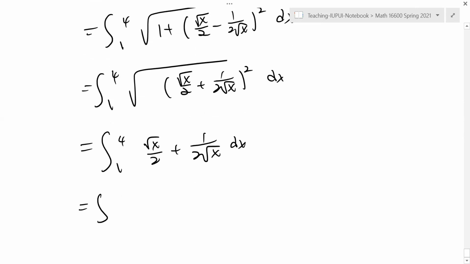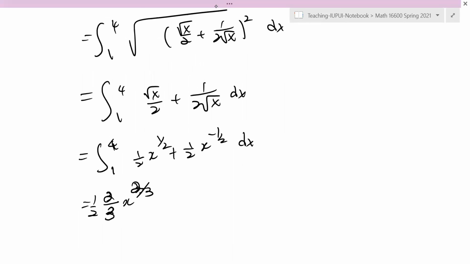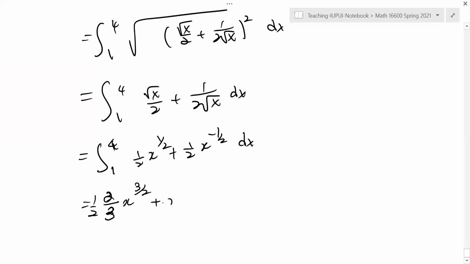Okay. So let's do it again. Here's 1/2 plus 1/2 x to negative 1/2 dx. So the antiderivative of this function will be 2 over 3, not 3 over 2. Here's 1/2 x to the 3/2 times 2 over 3, and plus x to the 1/2. Right?